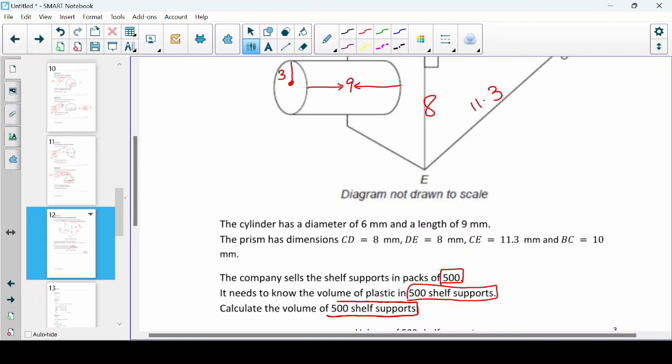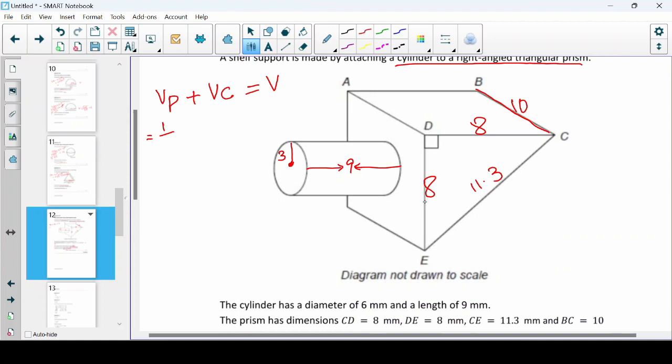So the volume of the prism is the area of the cross section, half times 8 times 8, which is half of 64, times 10, plus the volume of the cylinder.